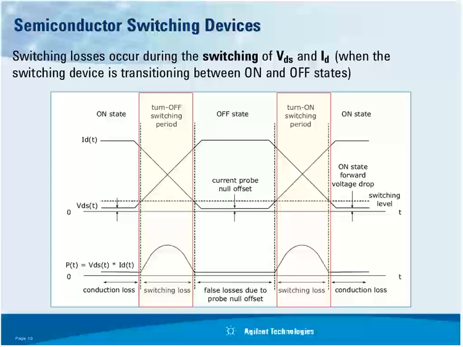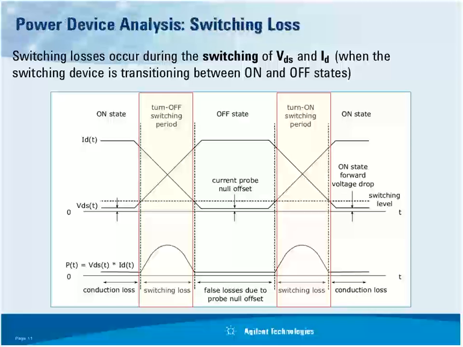So let's take a look at some switching signals. Here we show current flowing. So this is the on state. There actually is some small amount of voltage called VDS. If it's a MOSFET type transistor, that would be the saturation voltage. And so there is some small amount of power that's being lost during that phase of the on state.